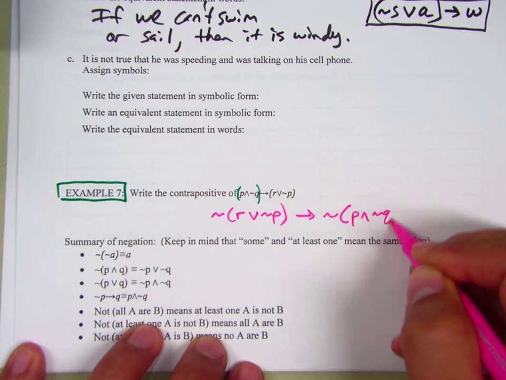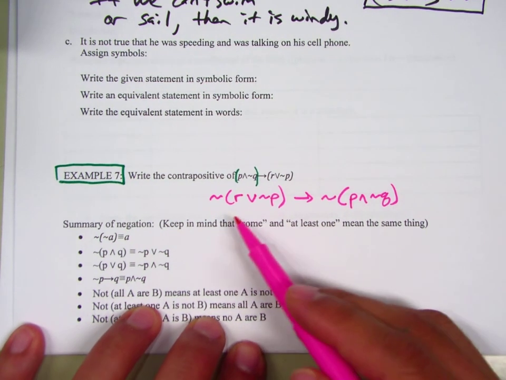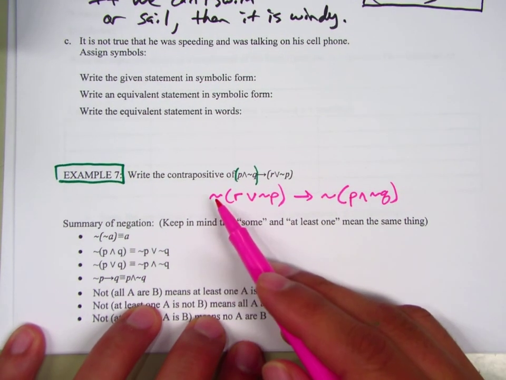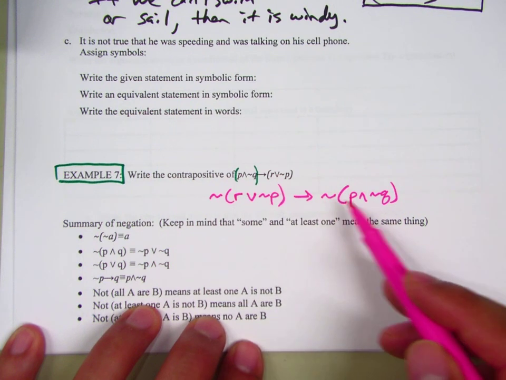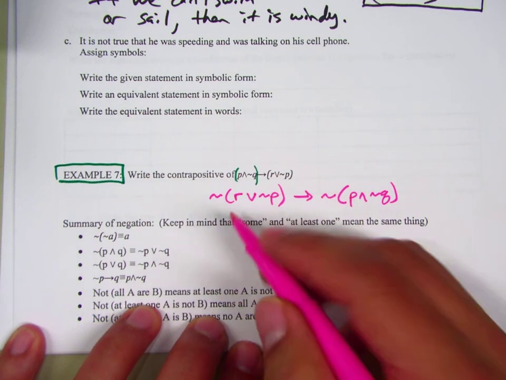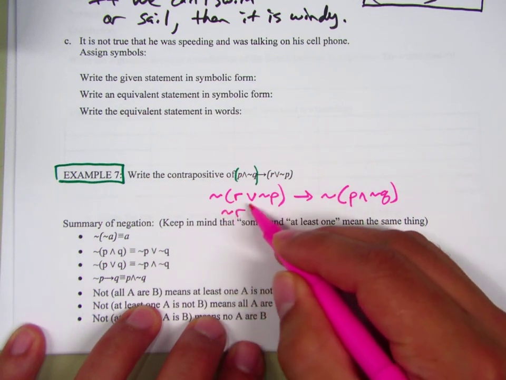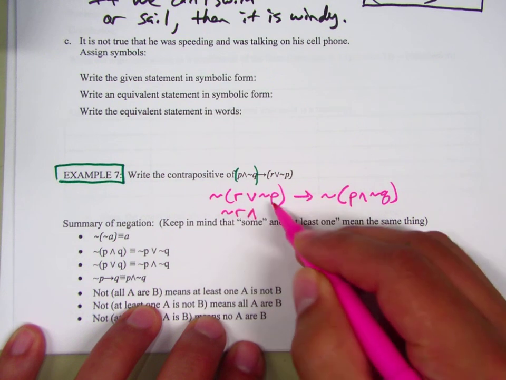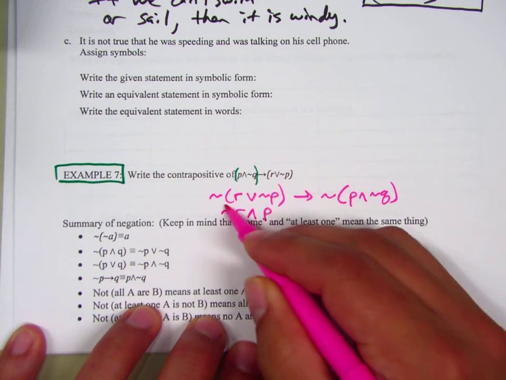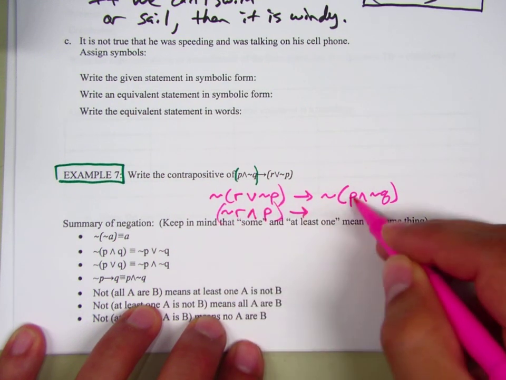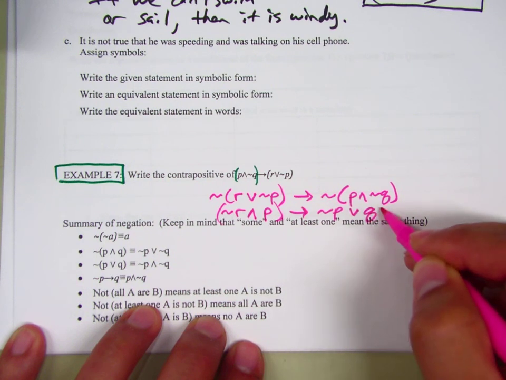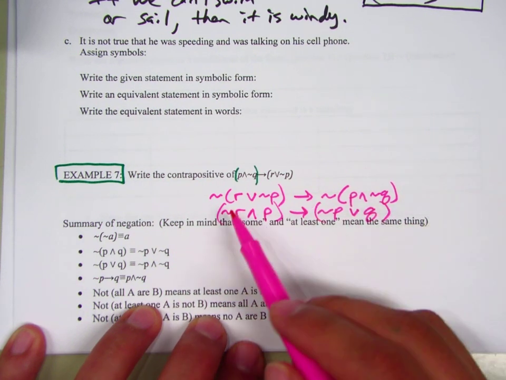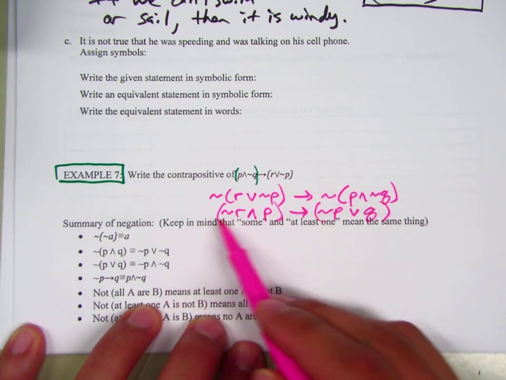And now you're just negating an or sentence, also negating an and sentence. So now we have negation of R, the or becomes an and. This is no longer negated. And then negation of P and just regular Q. Okay? So this is the contrapositive.